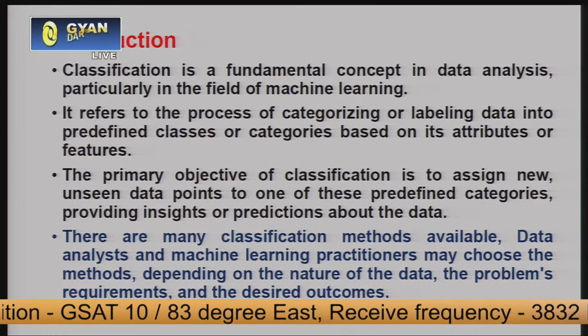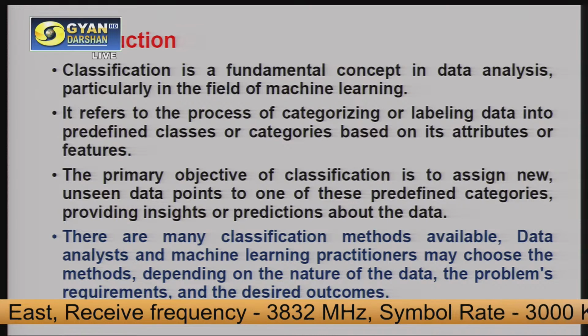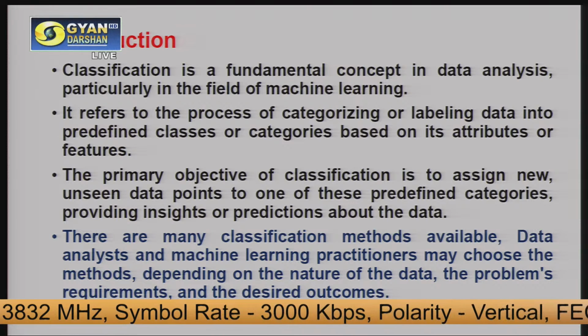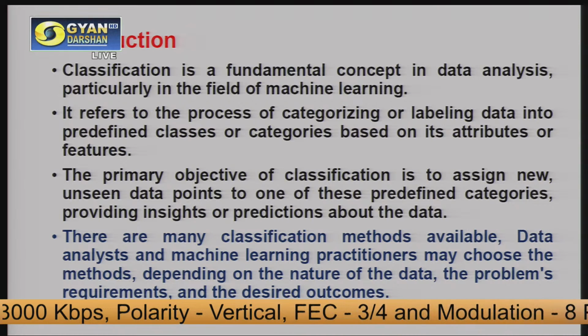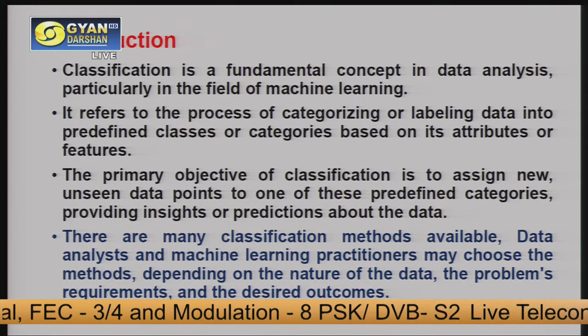So if you remember, we talked about classification, which is a very important concept in data analysis, particularly when we talk about machine learning and data science. It refers to the process of categorizing or labeling data into predefined classes.